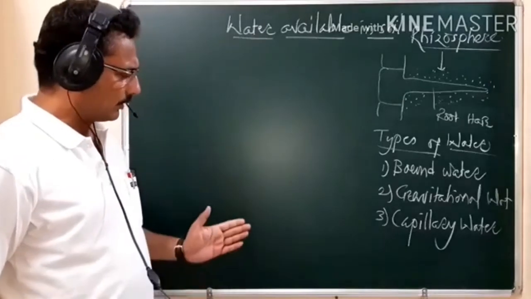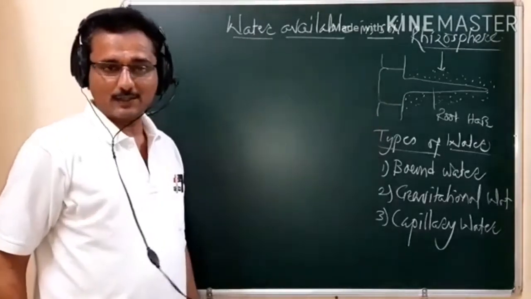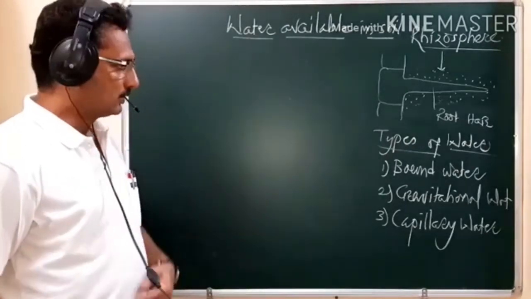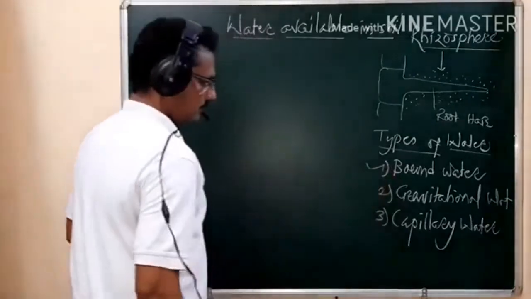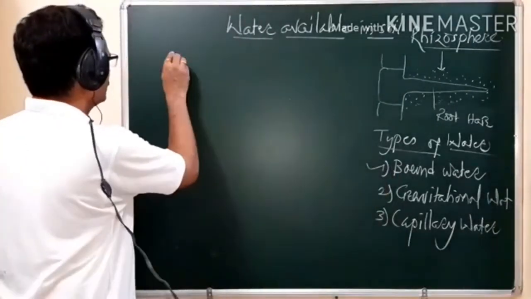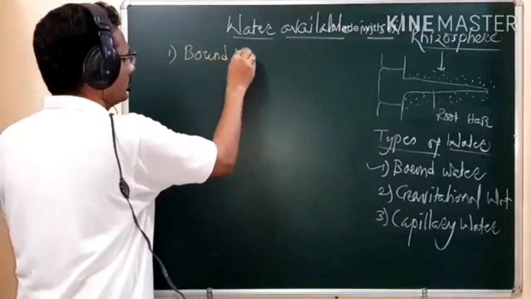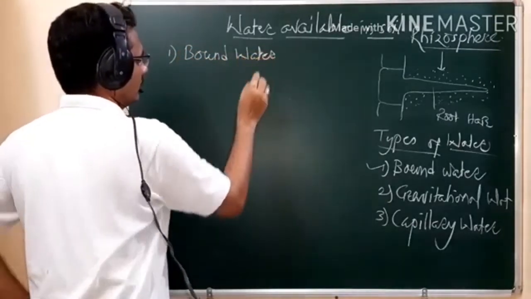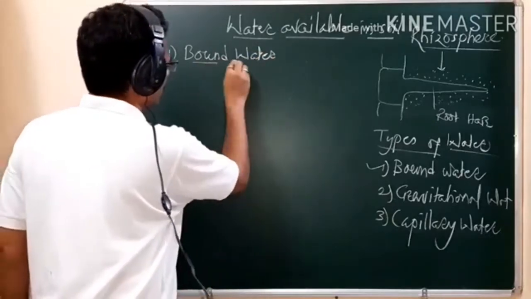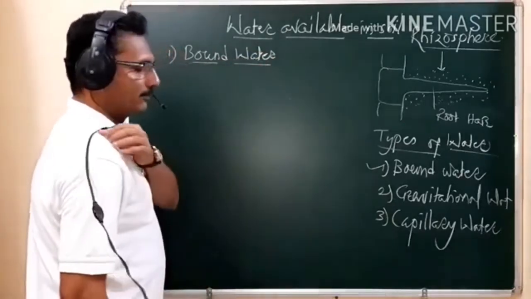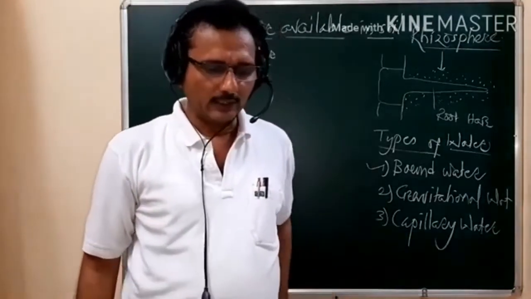Now we will see which water is available to these roots. The first type of water is bound water. In what form is it bound?